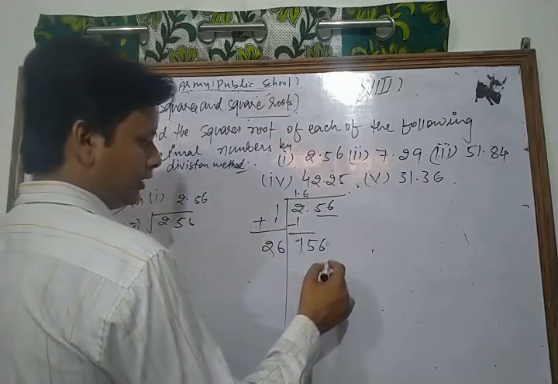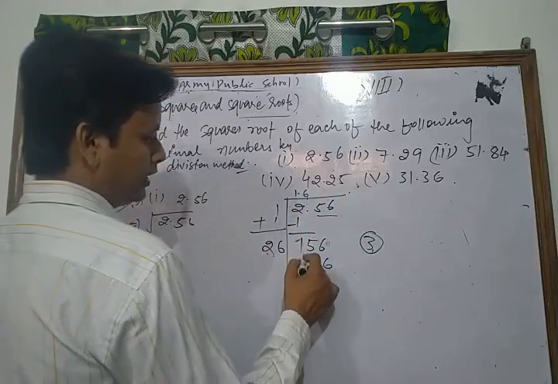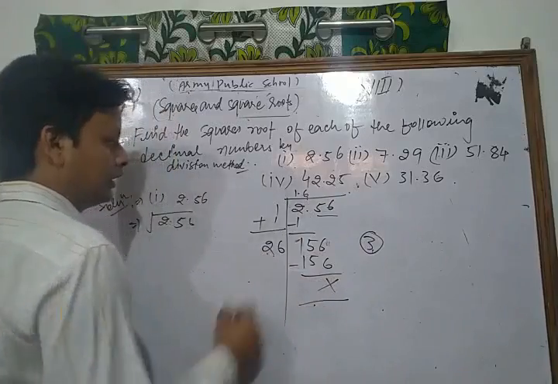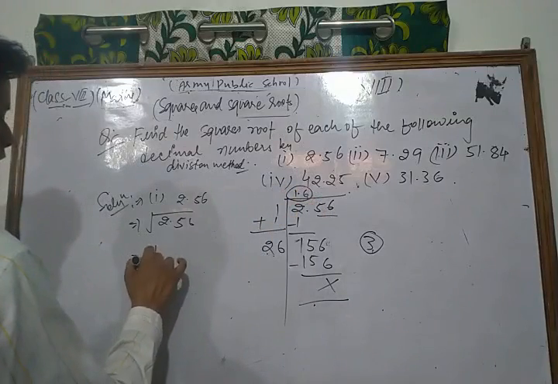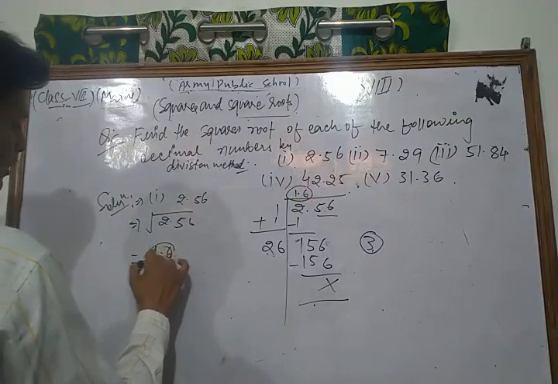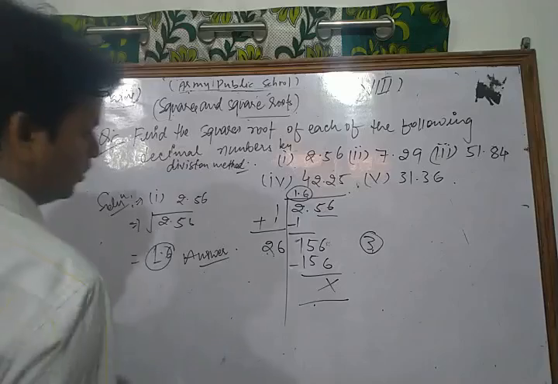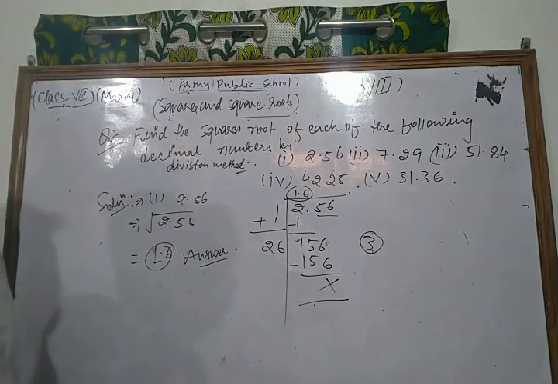So 6 sixes are 36, carry 3, 6 twos are 12, plus 3 is 15. Now subtracting them, the remainder becomes 0. Thus the final quotient is the square root of the given number, 1.6. Okay, so this is the required solution of the given question.